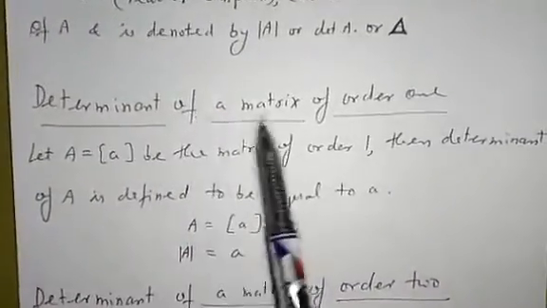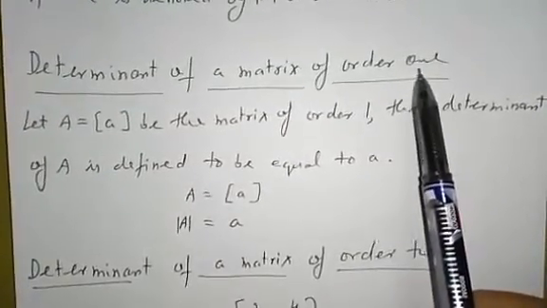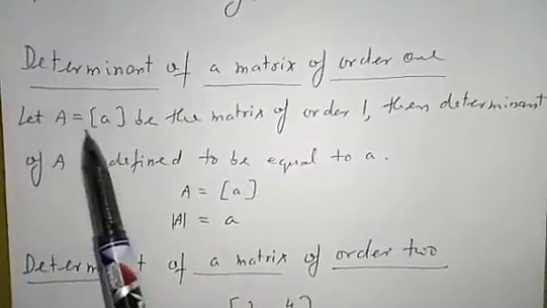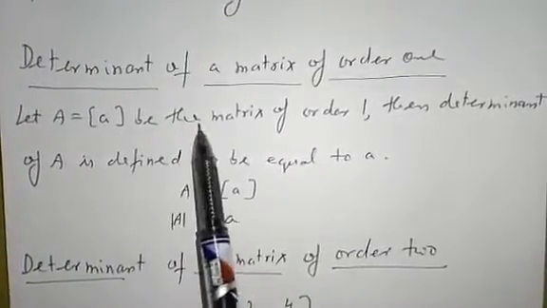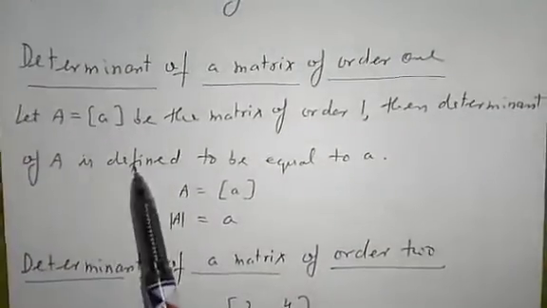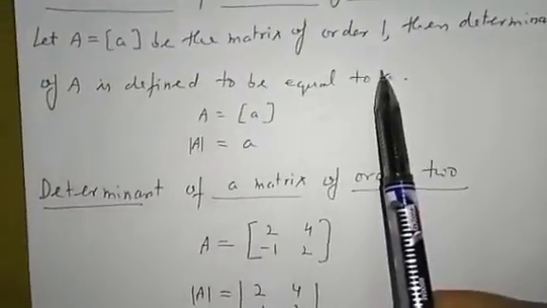The determinant of a matrix of order 1. Order 1 means 1 into 1. Let matrix A be this, a matrix of order 1. Then the determinant of A is defined to be equal to a. We take one example.